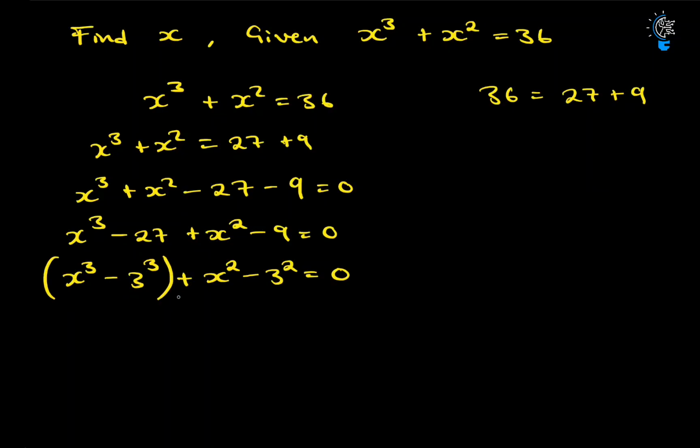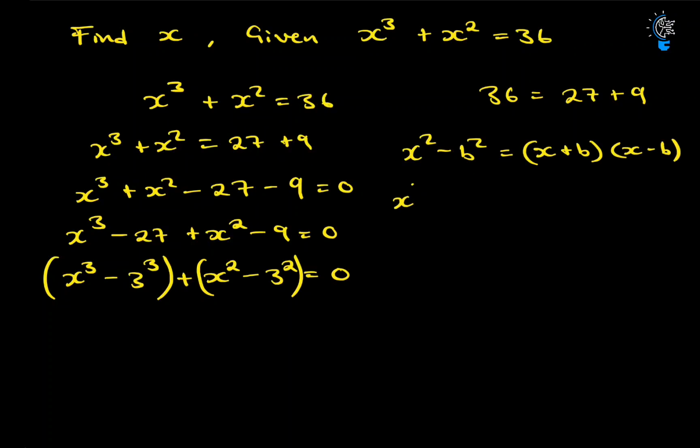Okay, let's separate them this way. Now, applying the rule for difference of two squares, we know that if you have x squared plus or minus b squared, you end up with x plus b and x minus b.